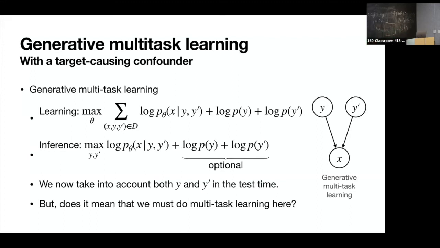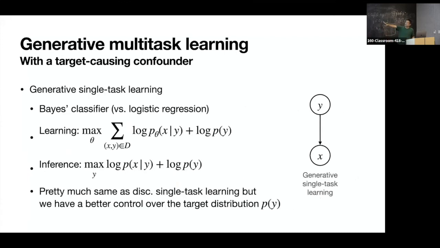So if I simply ignore y prime from this data set, that's a valid set of samples drawn from the joint distribution between y and x after marginalizing y prime. So I could just say that this looks a bit too complicated, I'm going to reduce it into generative single task learning and ignore half of the data points or the labels.